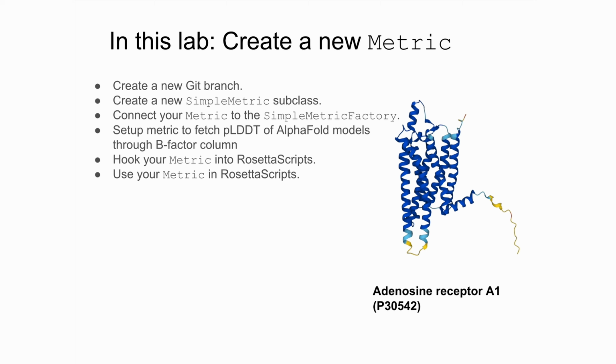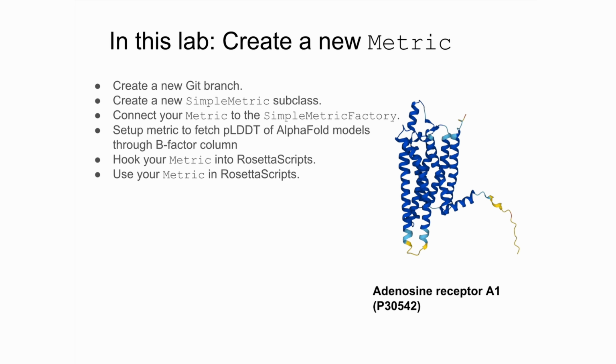One of the ways you can do that is to calculate a whole bunch of different metrics using various programs, including Rosetta, to figure out what's the best sequence. How do each of these different designs compare to each other in various things? SimpleMetrics is the way to do that.